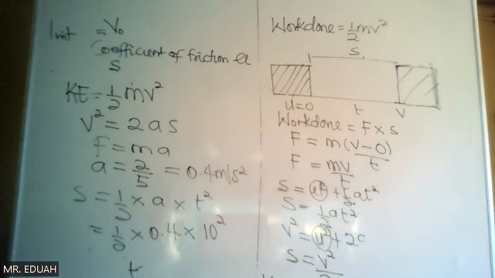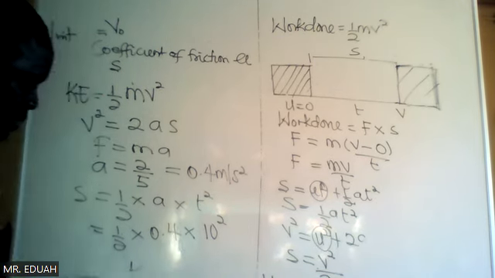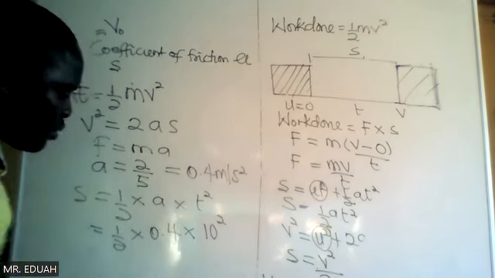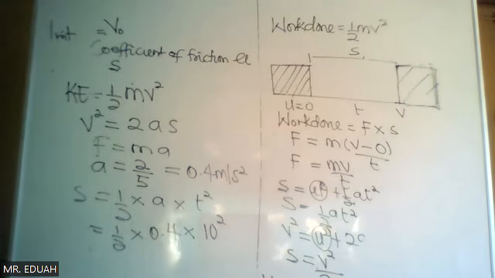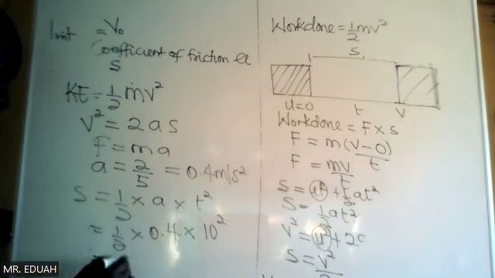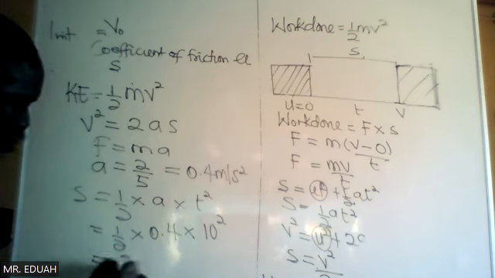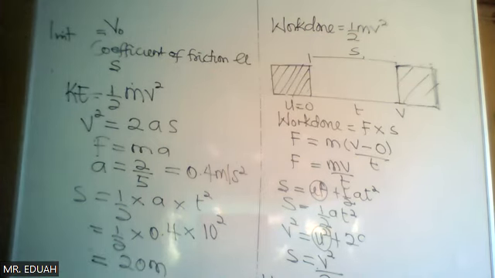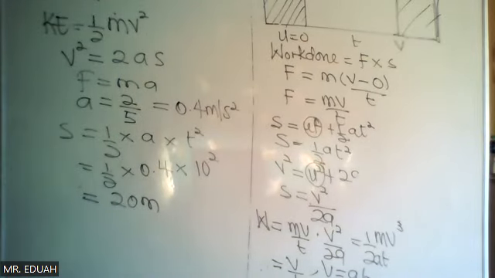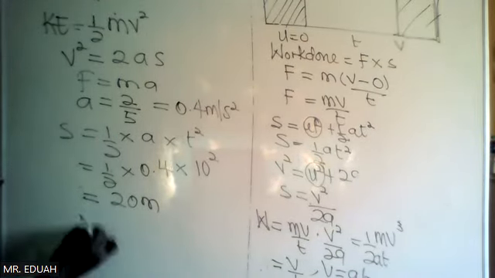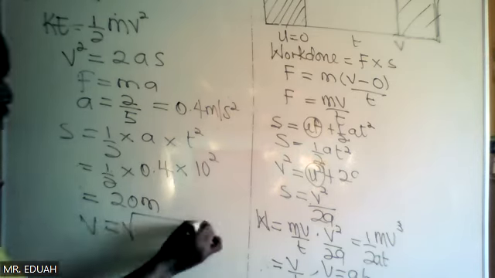Calculate that for me. 50 times 0.4, or 0.2 times 100, is 20. So this is 20 meter.